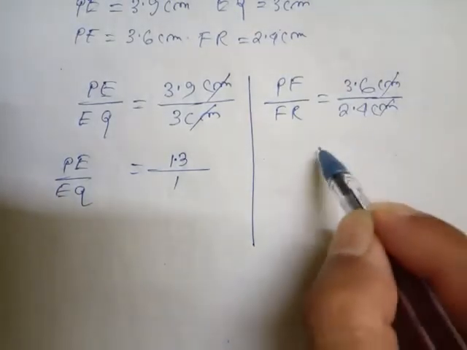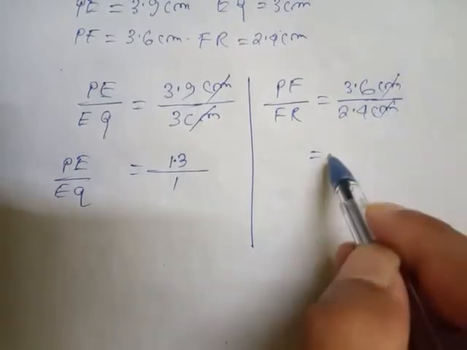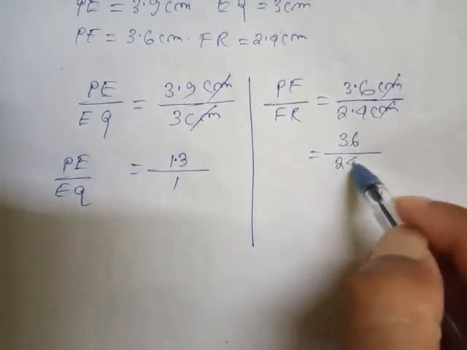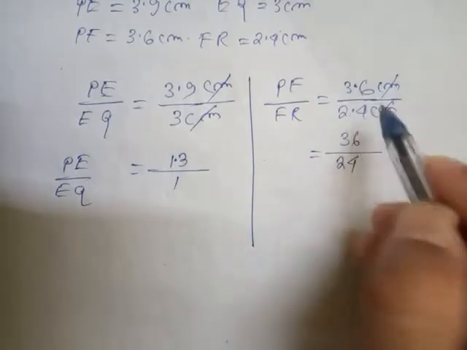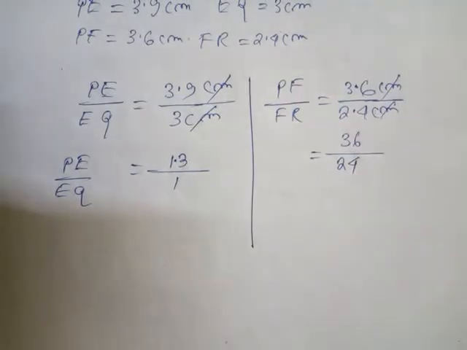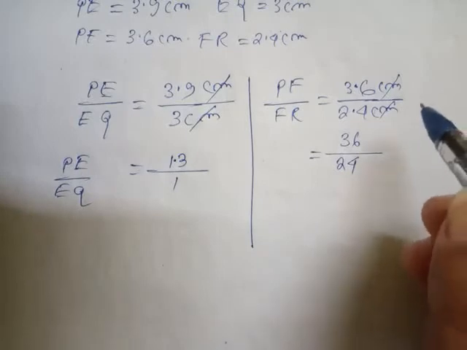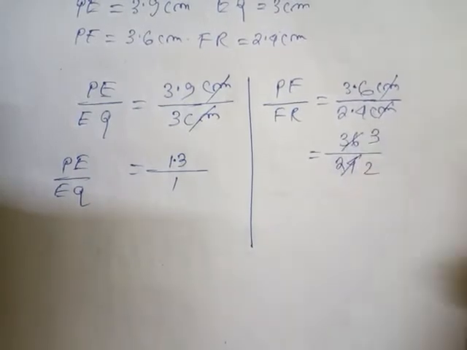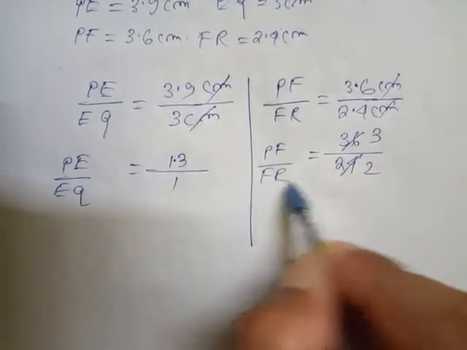Since there is only one digit after the decimal, we can remove the decimal point, so 36 and 24, which means 10 and 10 cancel, 36 by 24. Now this can be solved by 12 2s are 24 and 12 3s are 36. So PF by FR equal to 3 by 2.